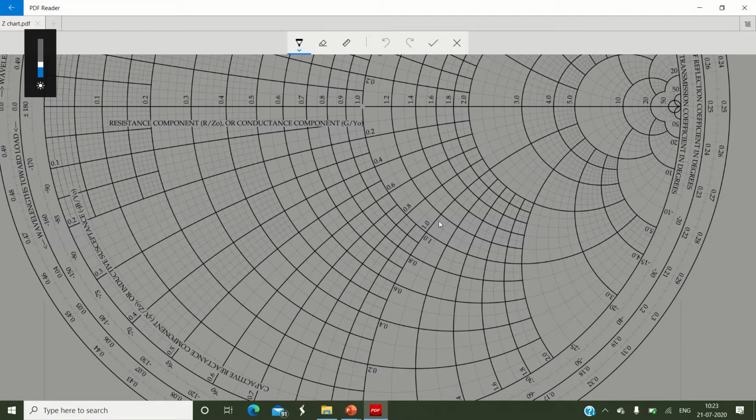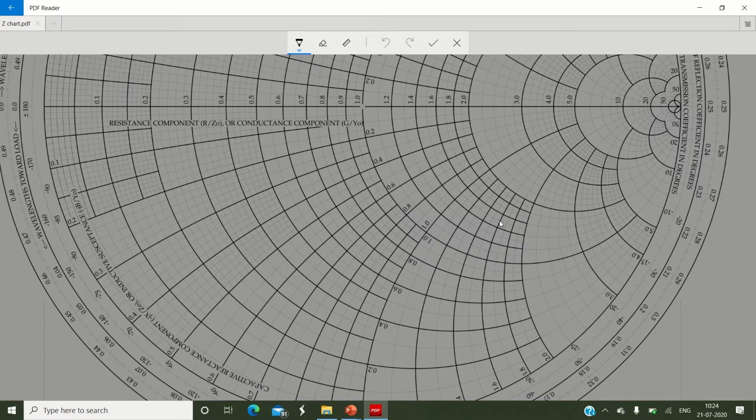I will increase the brightness of the screen. Whenever we are solving the example manually and whenever you are observing the video, I request you to put the brightness level of your screen to maximum so that you can visualize it clearly. So 1.5, this circle, right? And 1.6, so somewhere here.